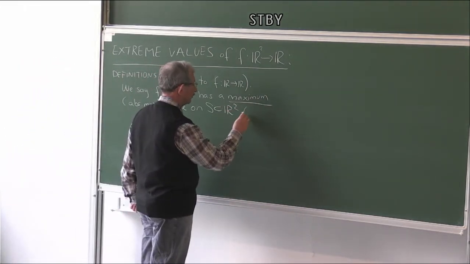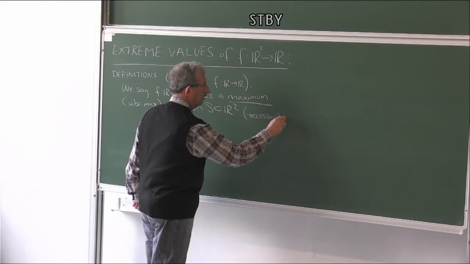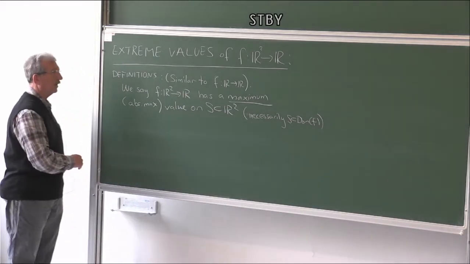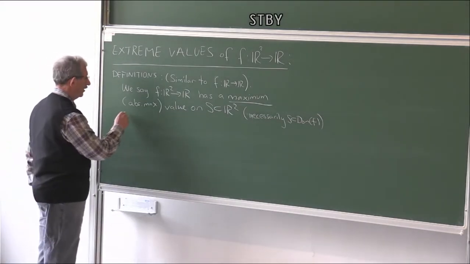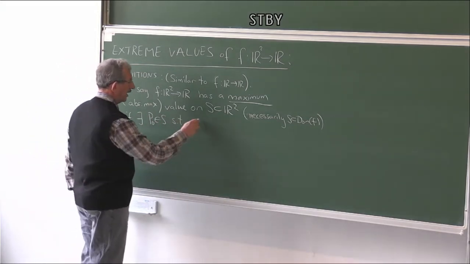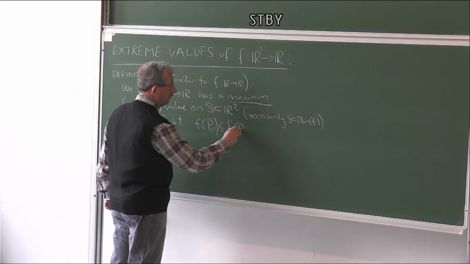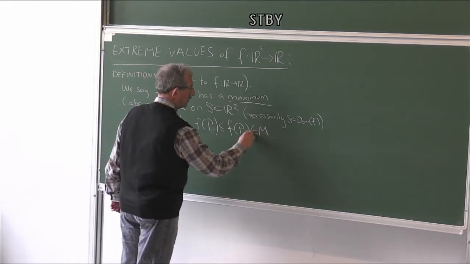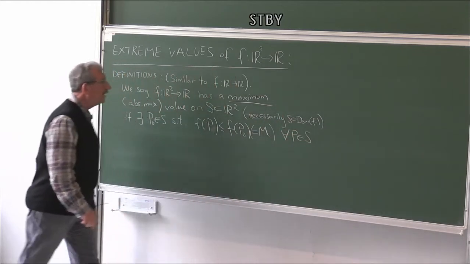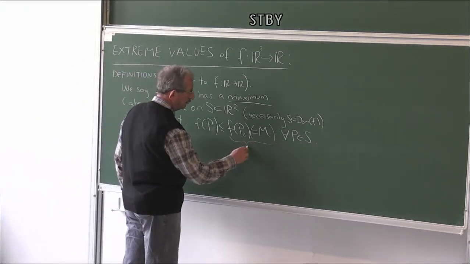So necessarily, if there is a value P0 in S such that f of P is less than f of P0 for every P in S. In other words, f of P0 is the maximum value.